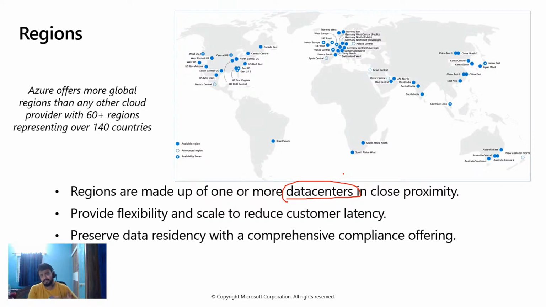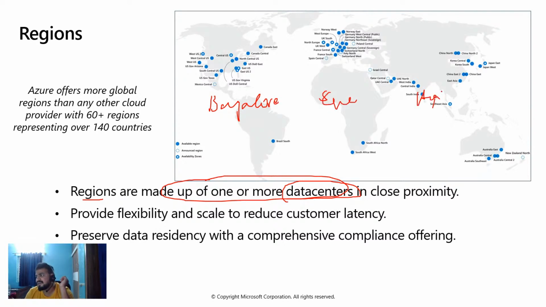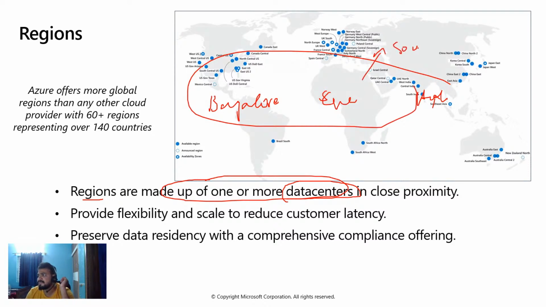Similarly in Hyderabad, I have three more data centers. Now I have nine data centers in South India, right? So I'll call this the South Indian region. Regions are made up of one or more data centers in close proximity. I can also name it the Bangalore region, or the Chennai region, Hyderabad region, or all together called a South Indian region.